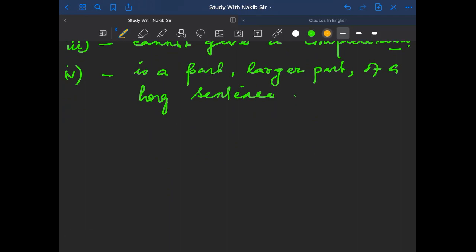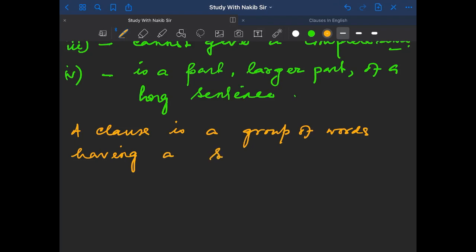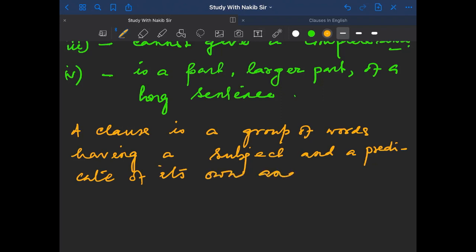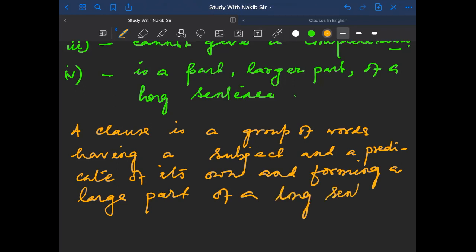Now write the definition of clause: a clause is a group of words, like a sentence, having a subject and a predicate of its own, and forming a large part of a long sentence.